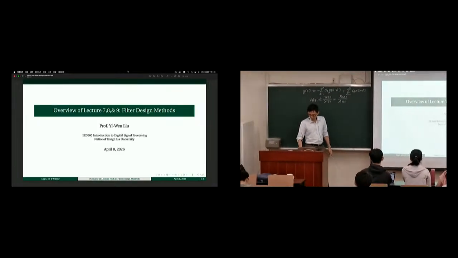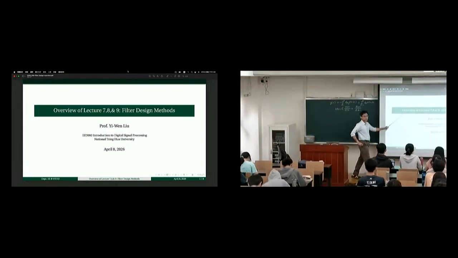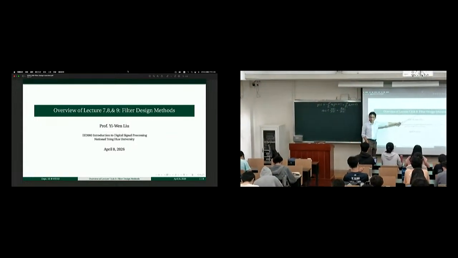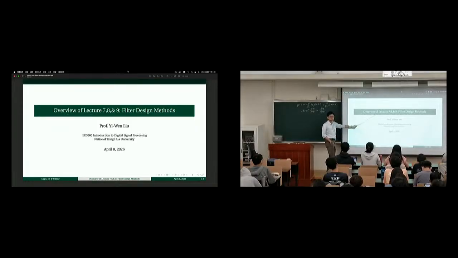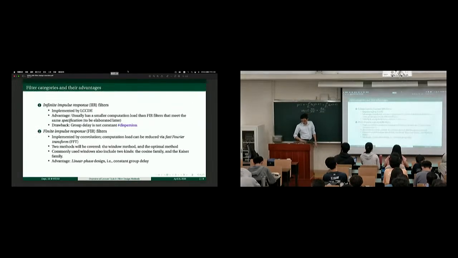Here I prepared 3 lectures on this very topic, filter design, 3 lectures in a row, 7, 8, and 9. Today I would like to first give an overview of what kinds of methods there are. So let's start. Filters can be separated into 2 different categories, and each of them has its advantages.